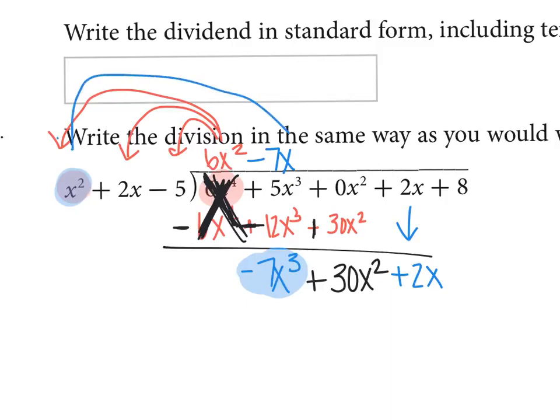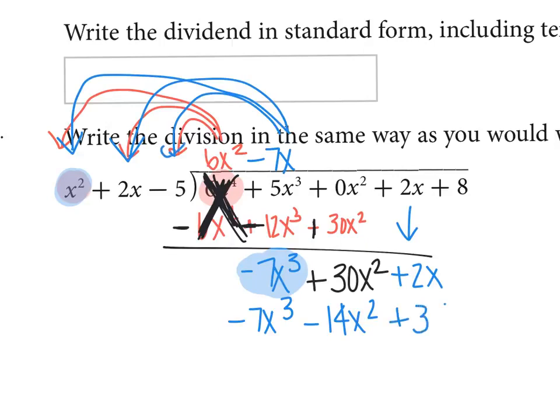Negative 7x times x squared would be negative 7x to the third. And negative 7x times 2x would be what? Negative 14x squared. And negative 7x times negative 5, positive 35x. So I did all my multiplication.